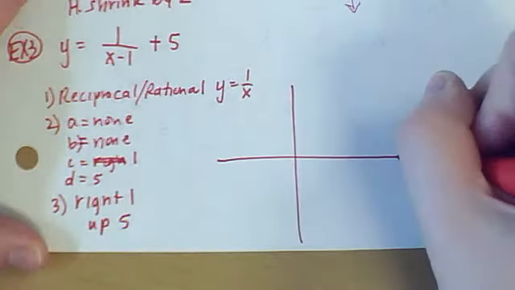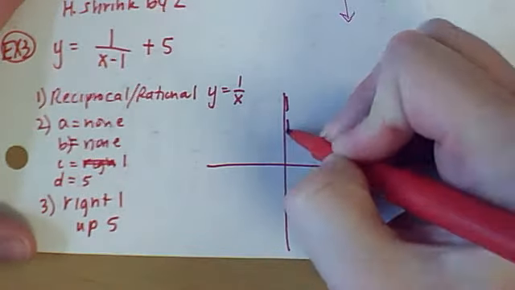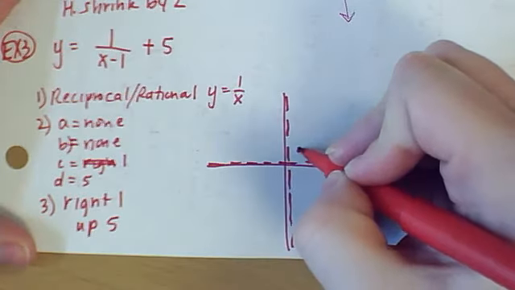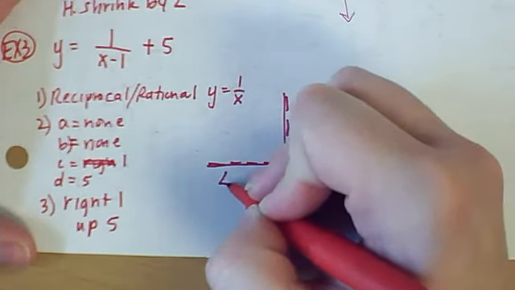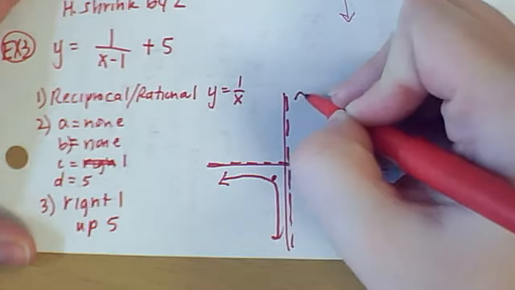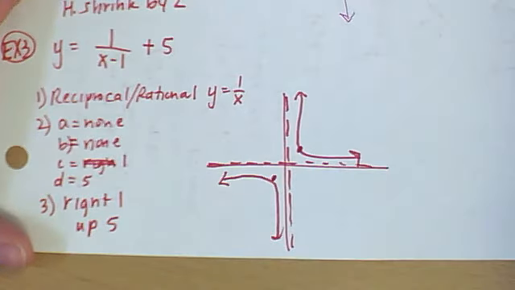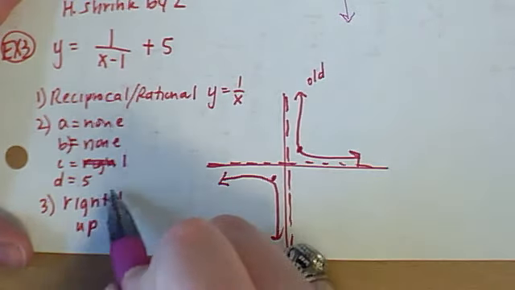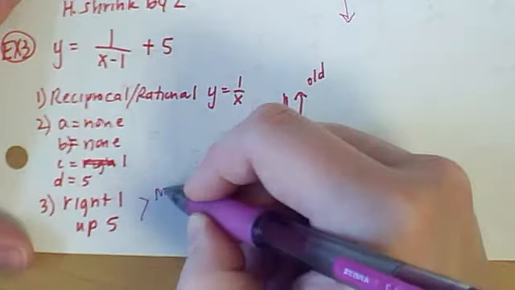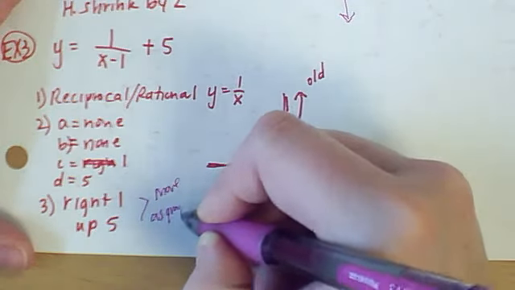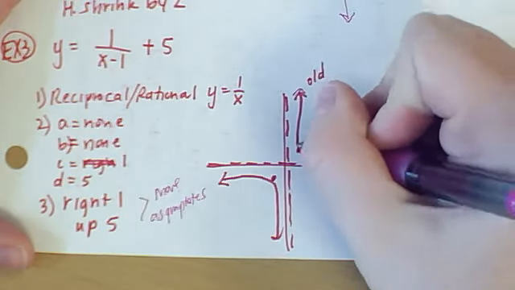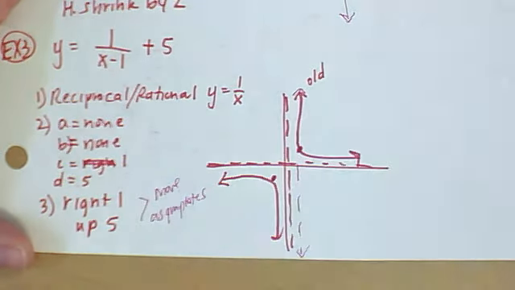So again, I'm going to draw my parent function. There's asymptotes at x equals 0 and y equals 0. And I know the points 1, 1 and negative 1, negative 1. So it looks like that. So there's your old. Okay, the new, I'm going to take my asymptotes and transform them. So I'm going to move this one right 1. So now I have an asymptote at 1.